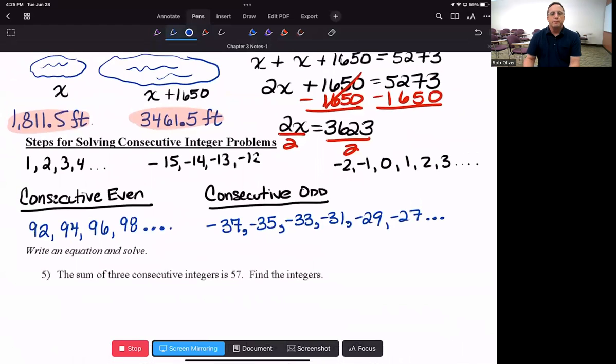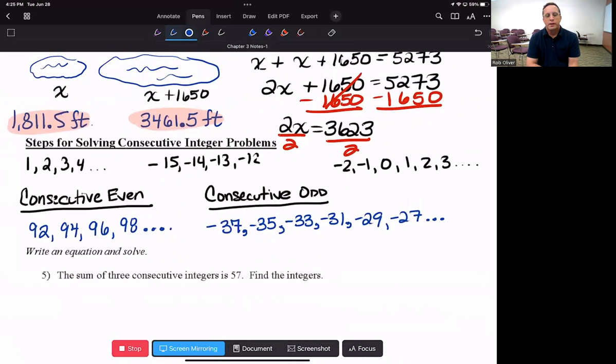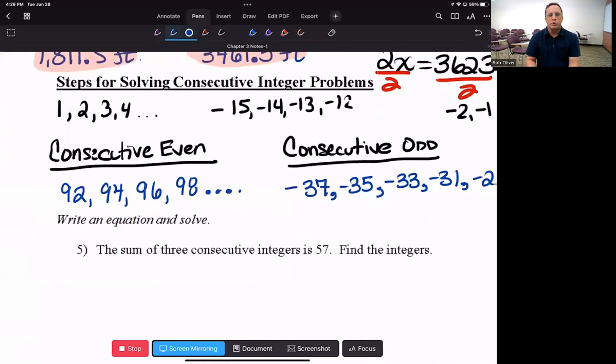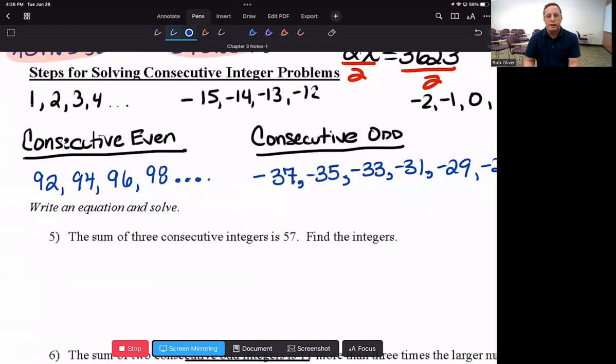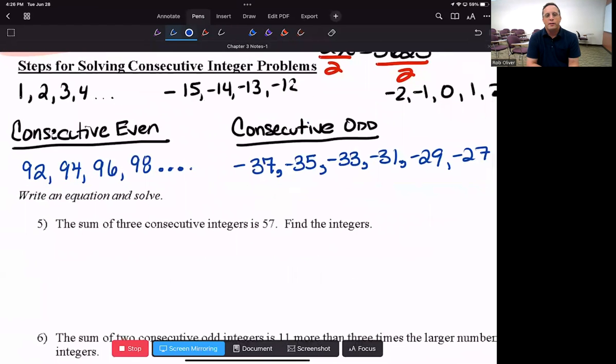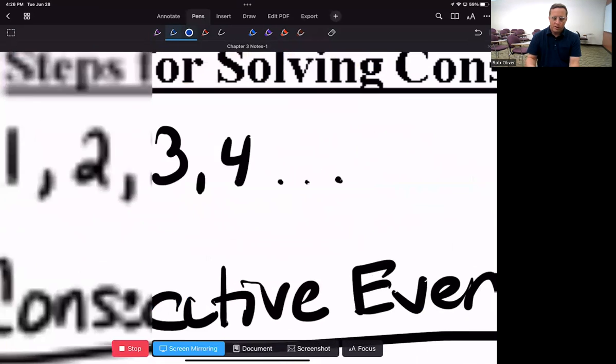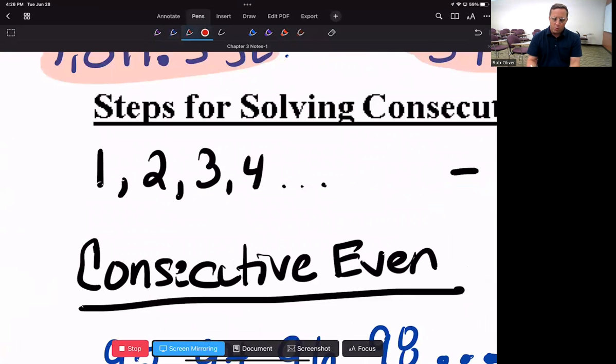Now, one thing that's worth noting here is that if you look at your list there of even, and look at your list there of odd that I just wrote down, notice that whether they're even or odd, you can see the differences between the numbers, whereas with just regular numbers, they're all 1 apart, right?